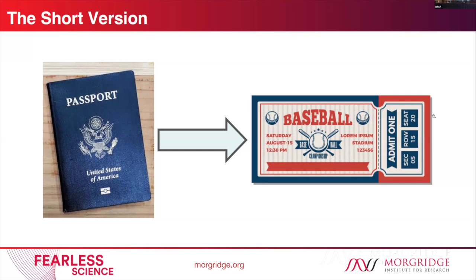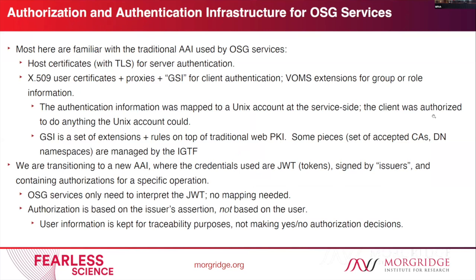It doesn't say you're allowed to do whatever the heck Brian Bockelman does. It says whoever holds this ticket can do this one thing. It doesn't say who holds the ticket. It doesn't say you have power over everything, just a single seat. So we're going from this identity mapping system to a capability. I could probably even stop there, just say that's the top, but a couple more details.